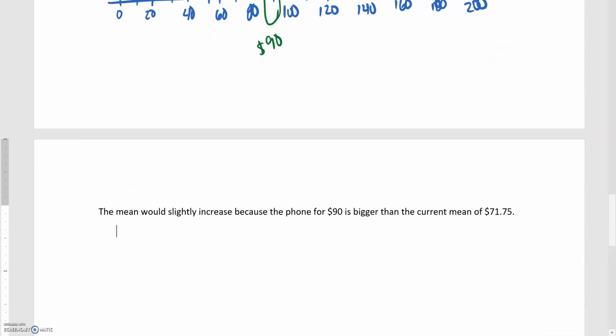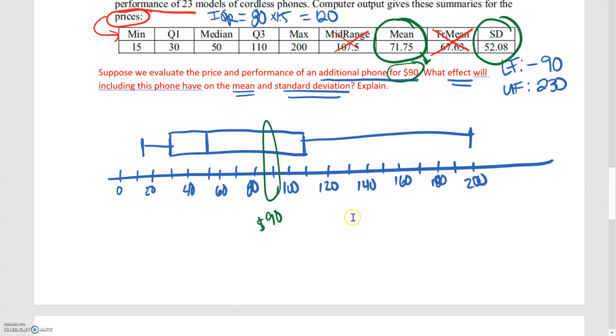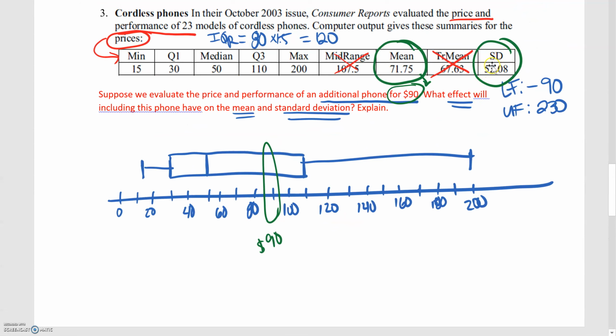Now, for the standard deviation, remember, it measures on average how far away your data is from the mean. So on average, your data are about 52 units away from the mean. That is a pretty big difference.